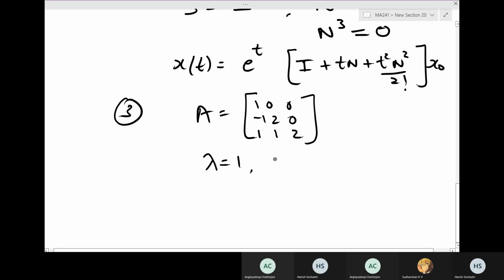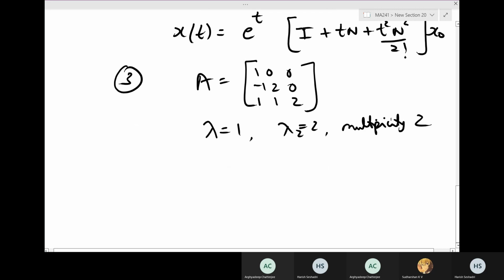Lambda 1 equals 1, lambda 2 equal to 2 with multiplicity 2.